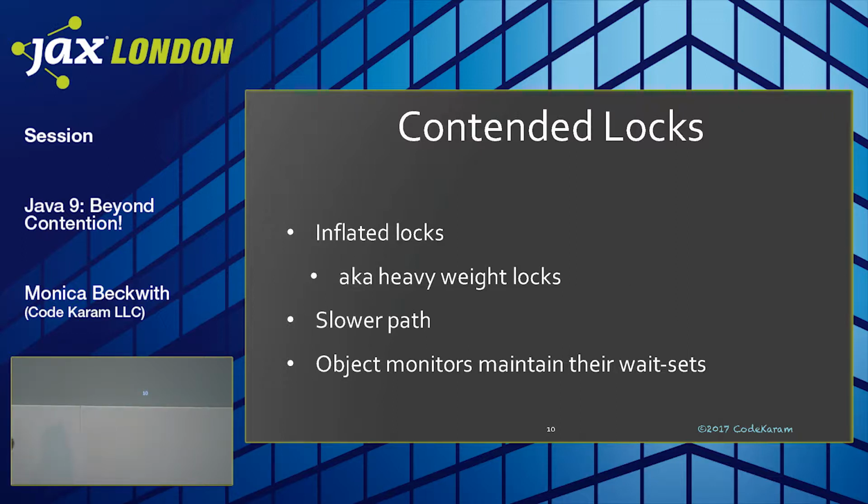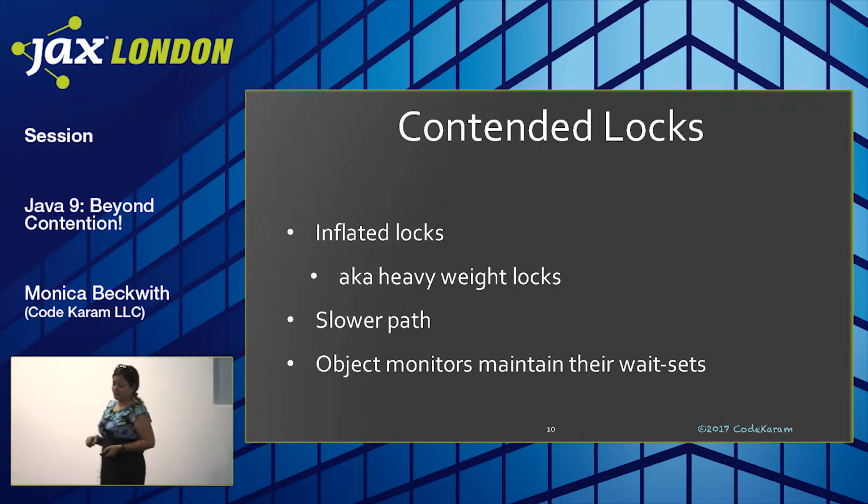Up until Java 9, the code is still there, but these used to take the slower path, which means that once there's inflation, you cannot do certain optimizations designed for uncontended locks. They go through the slower path, and these are expensive.